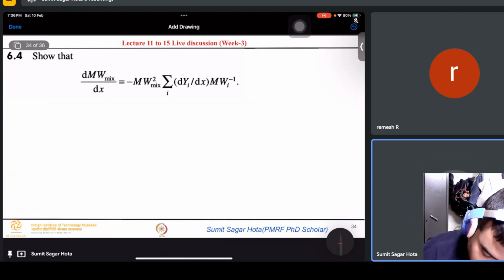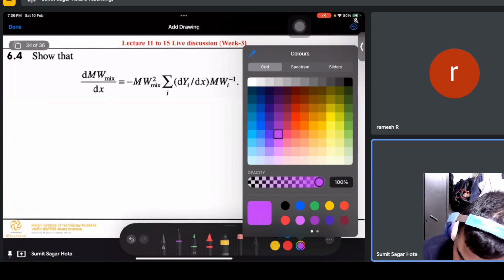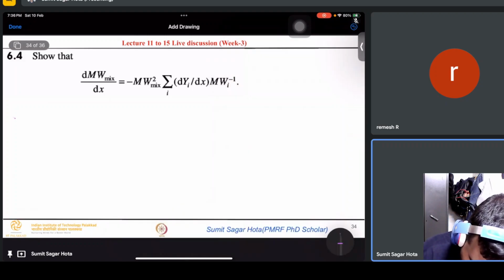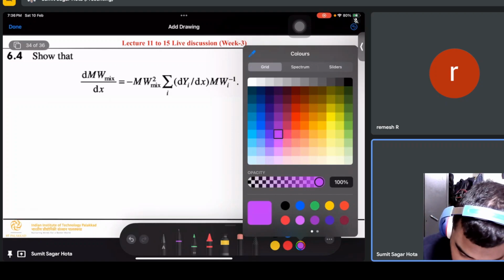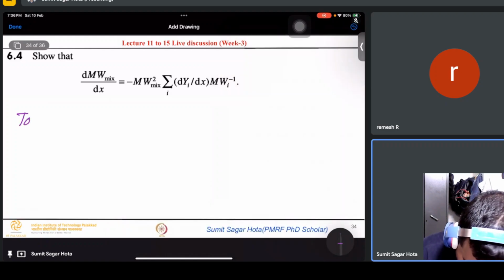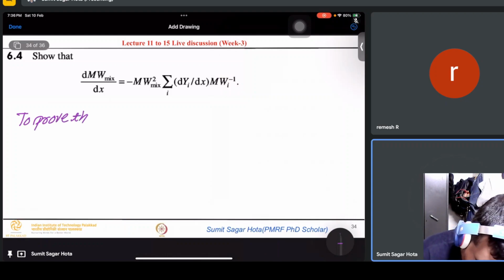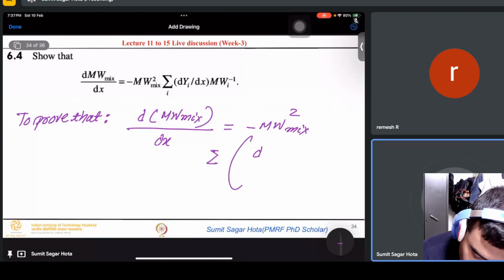Prove that the derivative of molecular weight of the mixture divided by the mixture square.